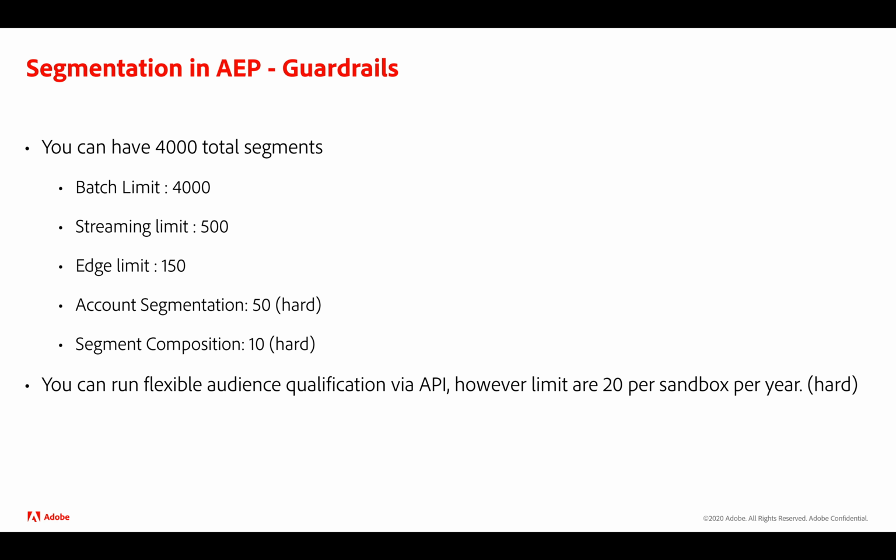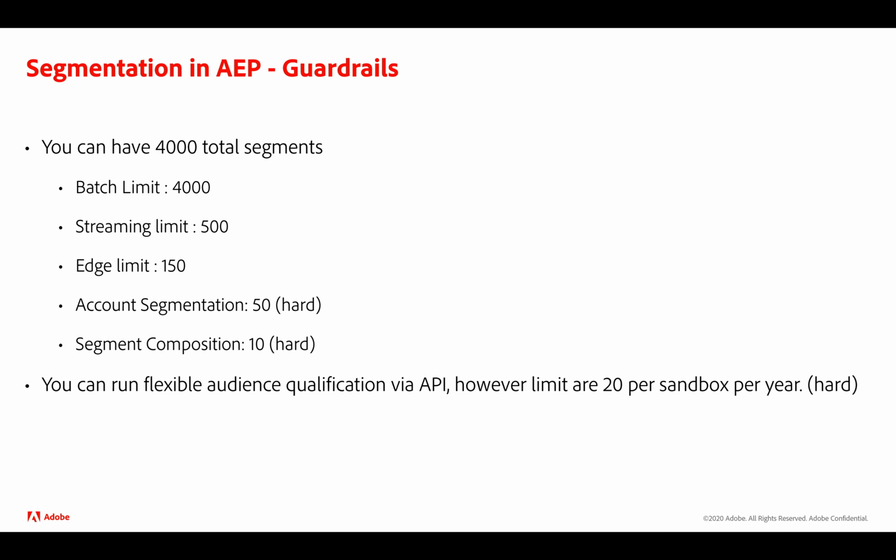Segmentation in Adobe Experience Platform has some guardrails that you need to be aware of. For batch, the number of segments you can have is 4,000. The streaming limit is 500, and the number of edge segments is 150. All of them are performance guardrails, so technically they are not really enforced.